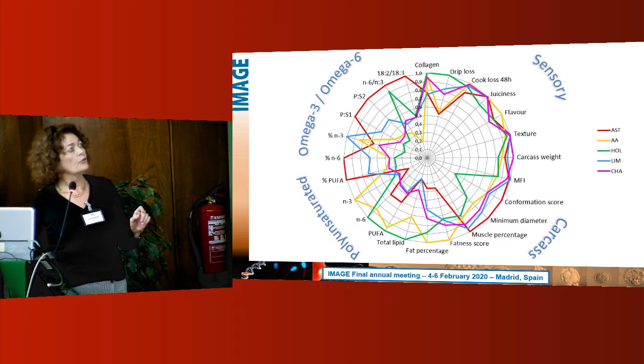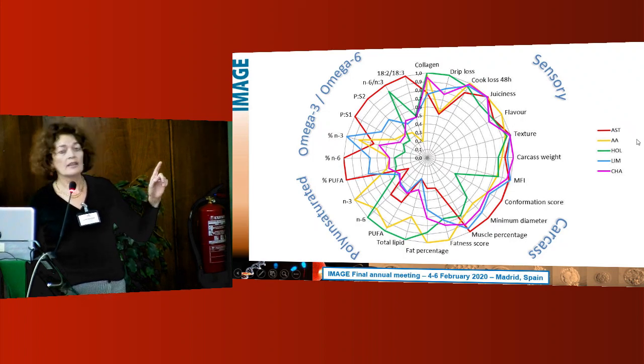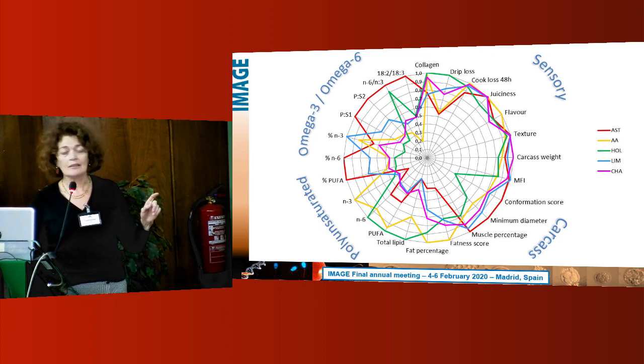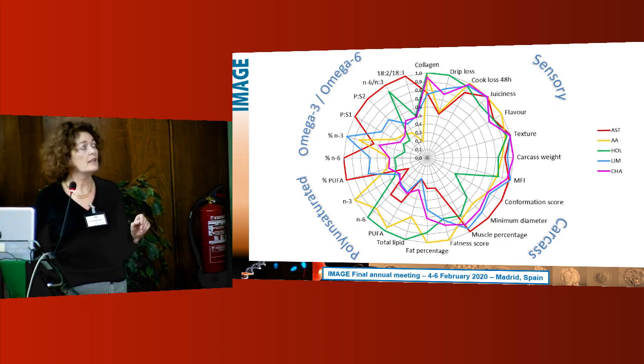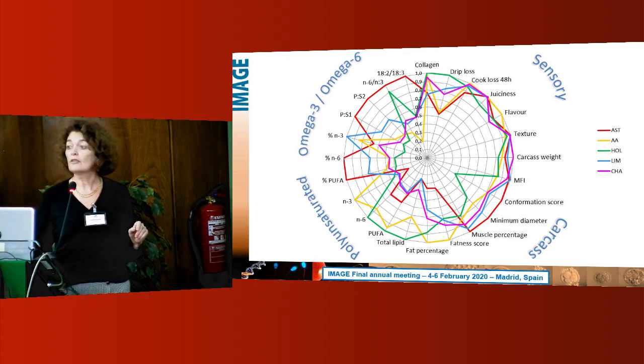And what you can see, the Asturiana de los Valles is the red line. What you can see is that there is very little fat in the Asturiana de los Valles carcasses, but this fat has a very high percentage of polyunsaturated lipids.